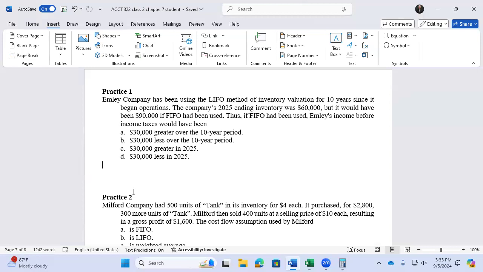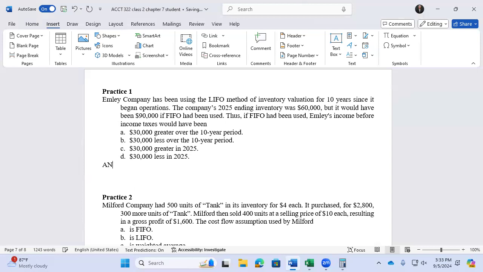So over that 10-year period, FIFO, had it been used, the inventory would have been higher, meaning the cost of goods sold would have been less. Thus, income would have been higher.